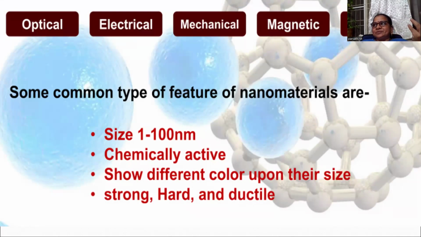With respect to various applications, whether physical, chemical, or biological, the nanomaterial should be active in those particular environments. And it should be active to color change, to identify, for example, cancer cells.